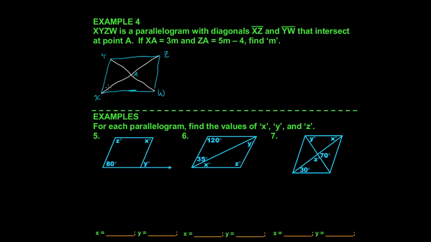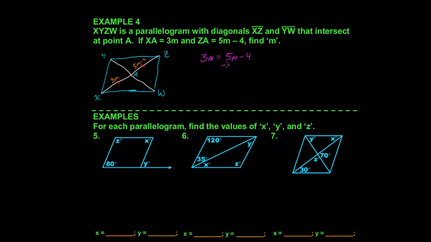It says XA equals 3m, and ZA equals 5m minus 4. Find m. So what do we know about these two pair of segments? We know from our previous work that if you took this one, that they are congruent. If they are congruent, that means this equals this. 3m equals 5m minus 4.